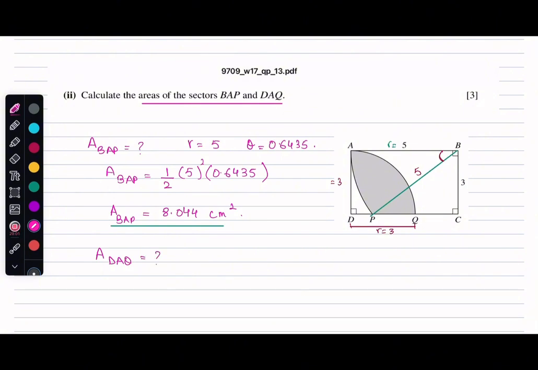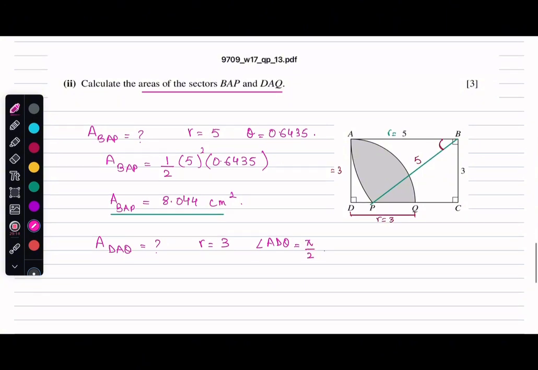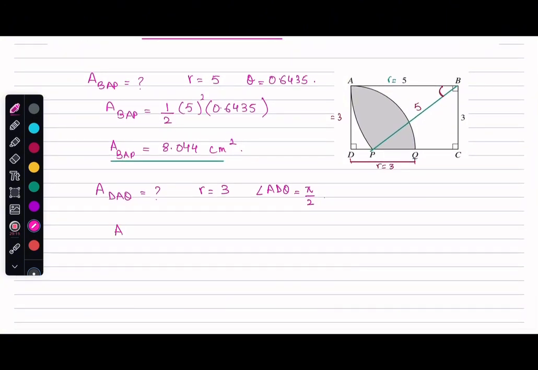They have also asked us for the area of DAQ. For this, we know that the radius is 3, and the angle ADQ is equal to pi by 2. So the area of DAQ is half r squared theta, which is half times 3 squared times pi by 2.